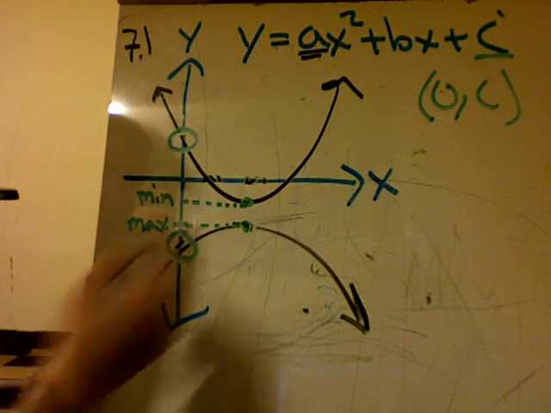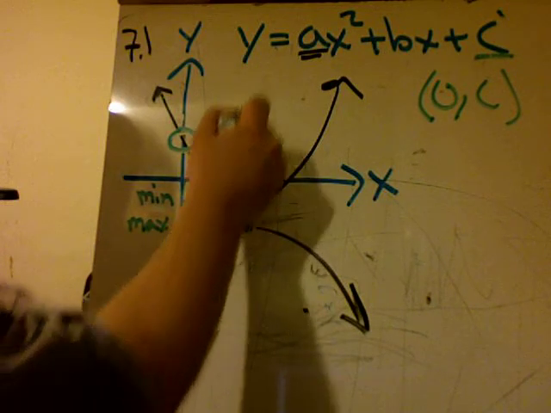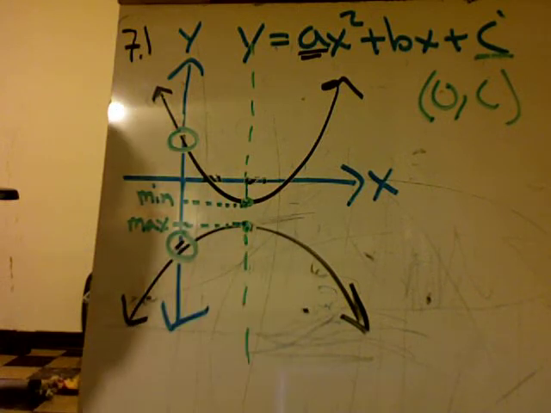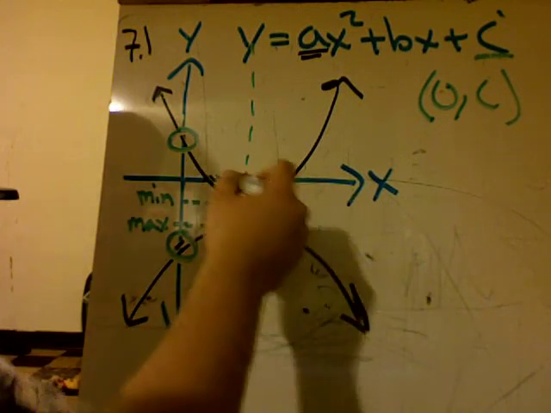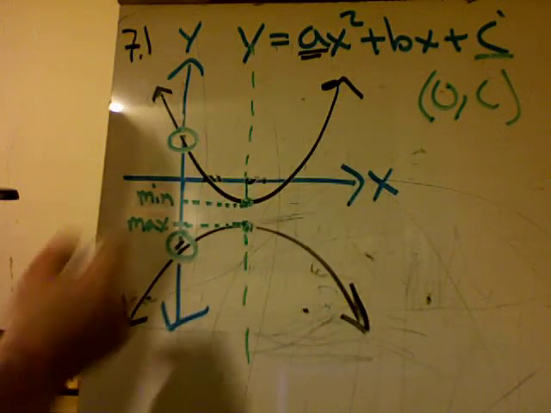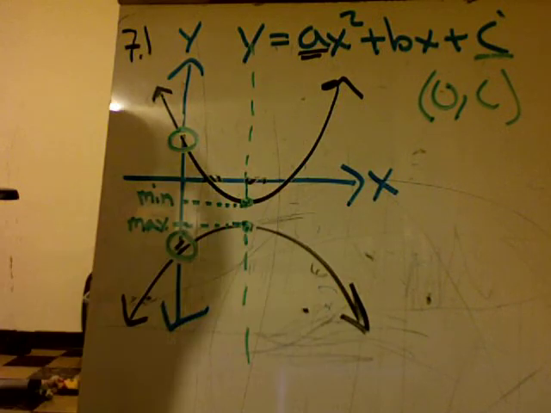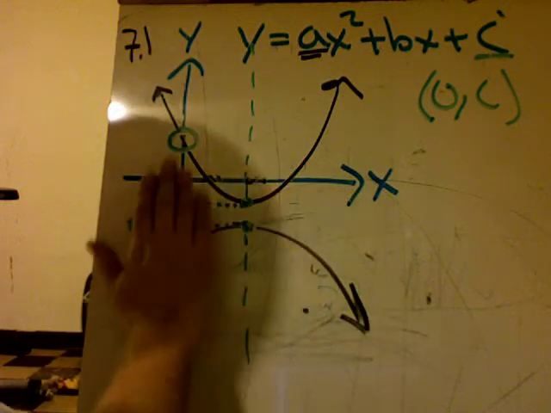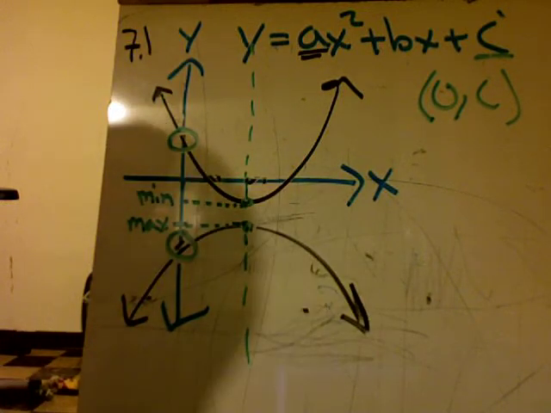Okay? The vertex also ends up being this point of symmetry, to where if I were to draw a straight line that included the vertex, okay, and was parallel to the y-axis, I could take a piece of paper and fold the two sides of the parabola on top of each other, and they would line up perfectly.